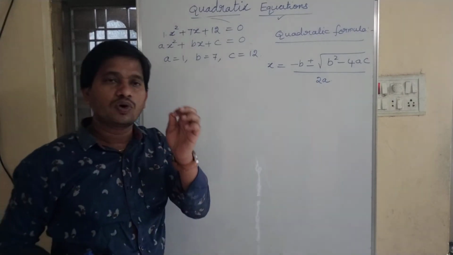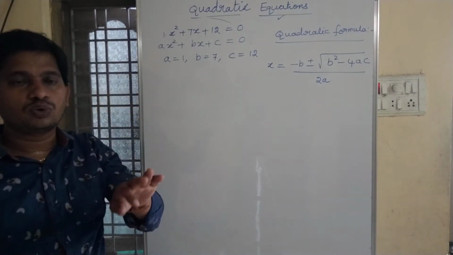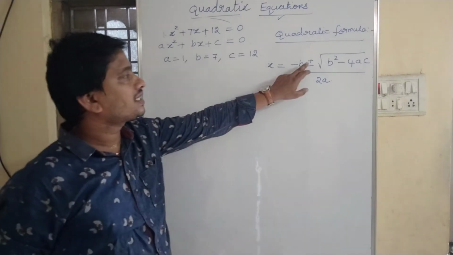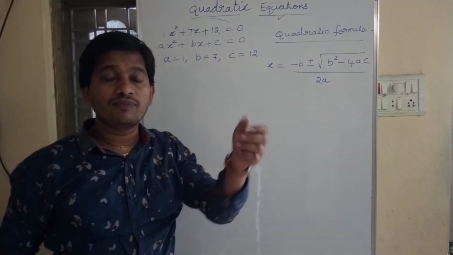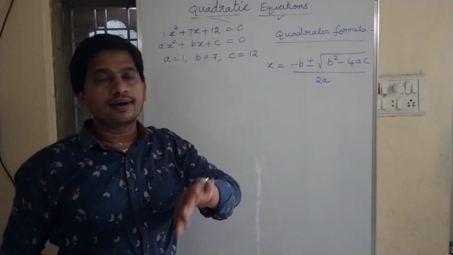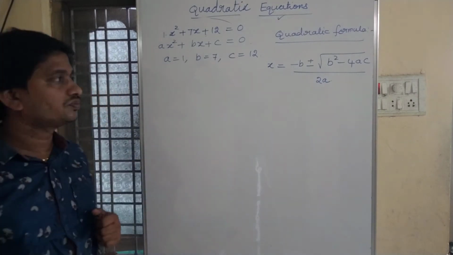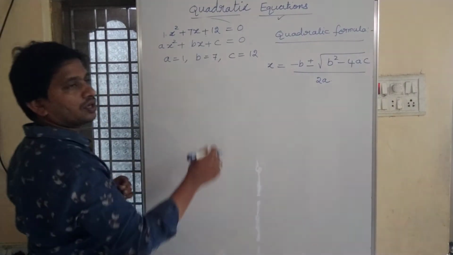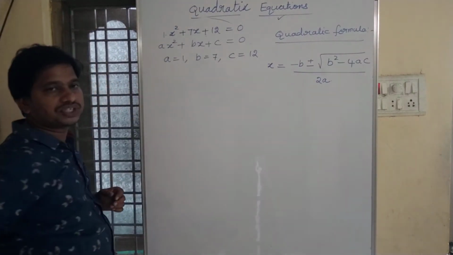That is the quadratic formula to find the roots of the quadratic equation. Plus or minus. Children, one time we need to take positive and other time we need to take negative. Okay, let us use the formula to find the roots of the quadratic equation.